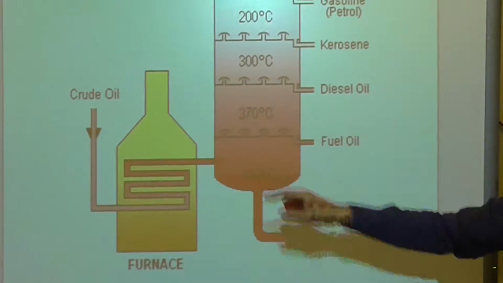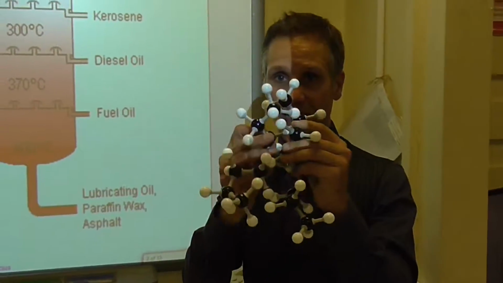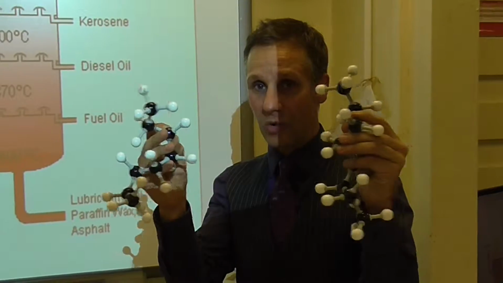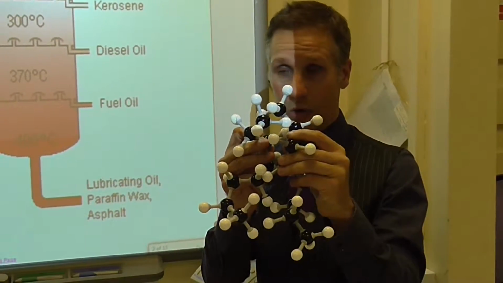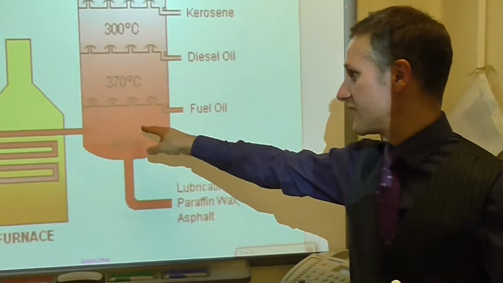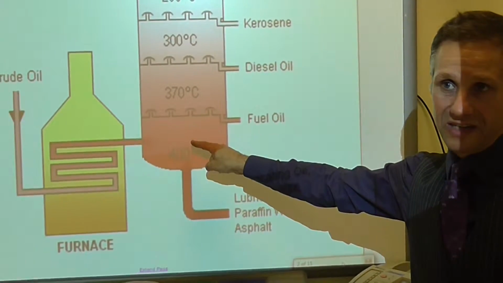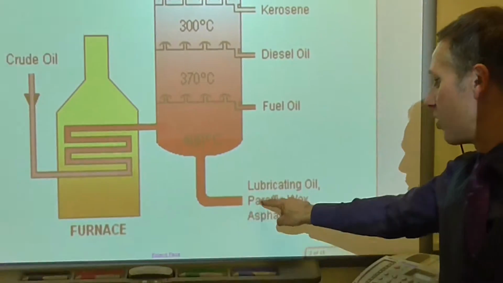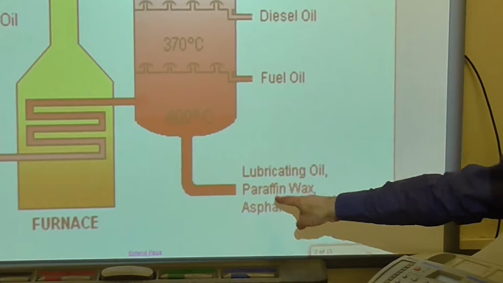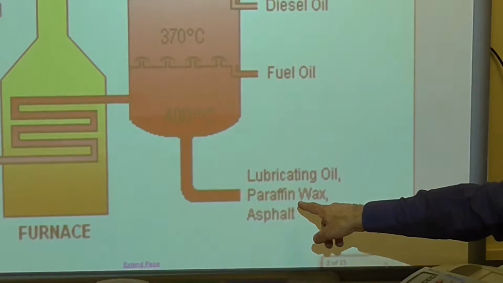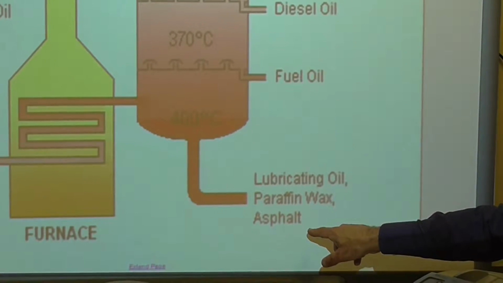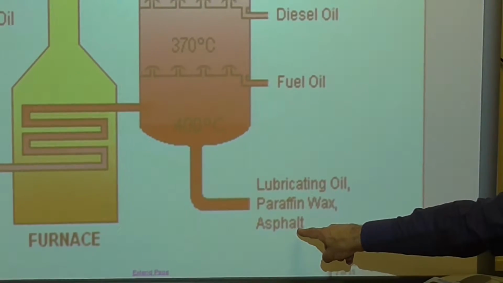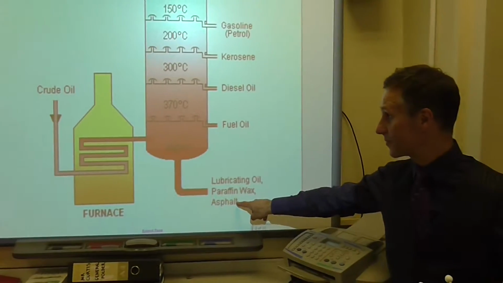Now this is enough energy to break those intermolecular forces between all the hydrocarbons, or pretty much all of them. Anything that doesn't boil at that temperature, where those intermolecular forces are too strong, will come out the bottom as the thicker parts of the crude oil. So things like lubricating oil and asphalt, which is effectively the tar that goes on the road.